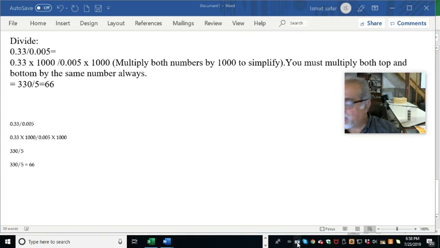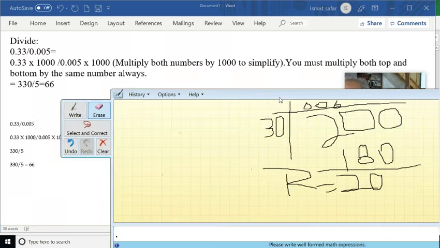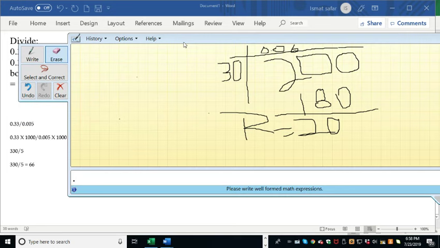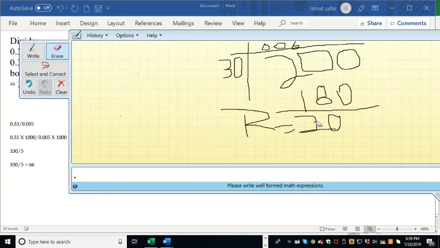Now let's do some division with decimals. Last time we had regular division, but now we're going to do division with decimals.